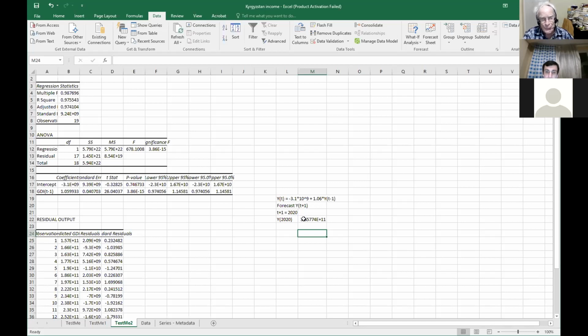Nevertheless, a recovery is what our model is suggesting. In this case, the figures for GDI in 2020 have not come out from the World Bank, so you don't have a direct way of checking that particular estimate.